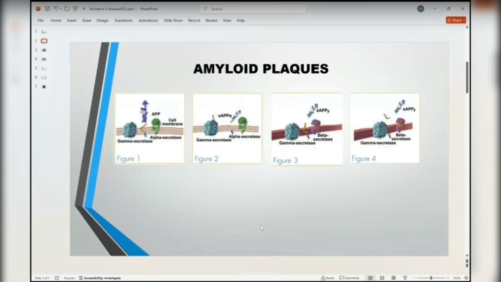These small soluble aggregates of 2, 3, 4, or even up to a dozen beta-amyloid peptides are called oligomers. Specific sites of oligomers may be responsible for reacting with receptors on neighboring cells and synapses, affecting their ability to function. It's likely that some oligomers are cleared from the brain. Those that cannot be cleared clump together with more beta-amyloid peptides.